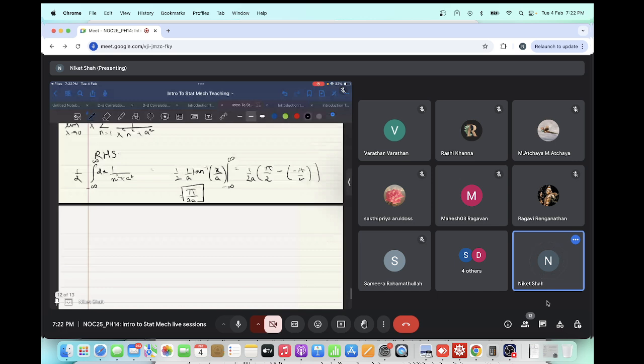So basically, pi. Okay, so assume that there is a function of this form.